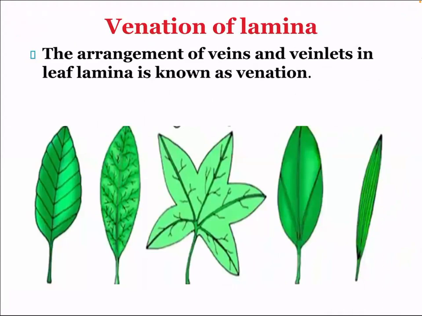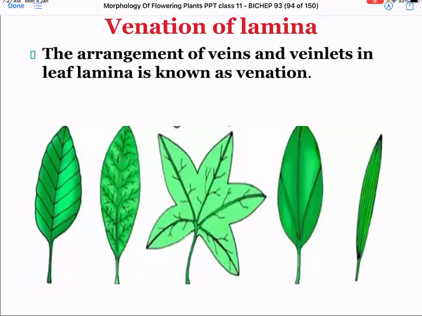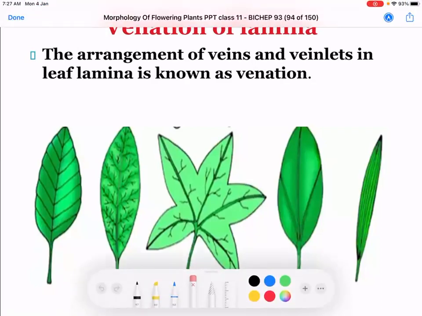Venation is the distribution of vascular tissue in the form of veins, which is found on the leaf surface. Right? So it is the arrangement of the veins or veinlets.